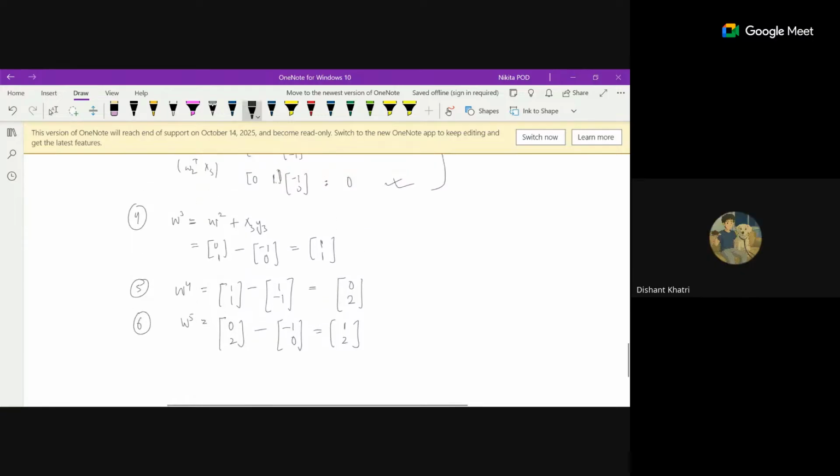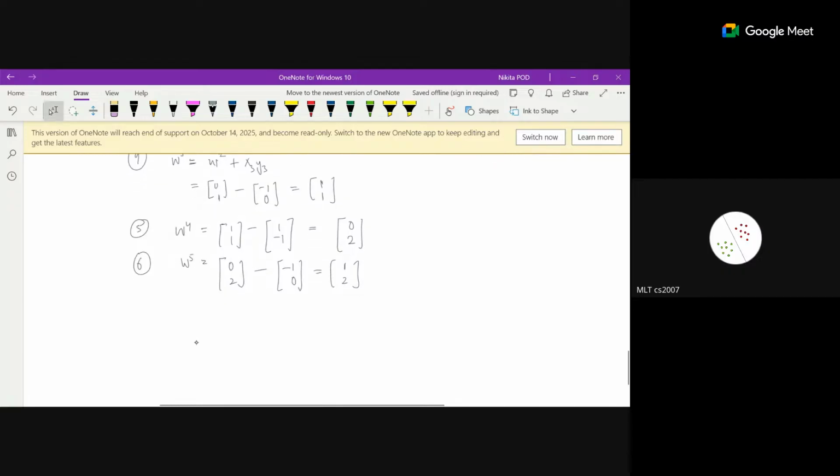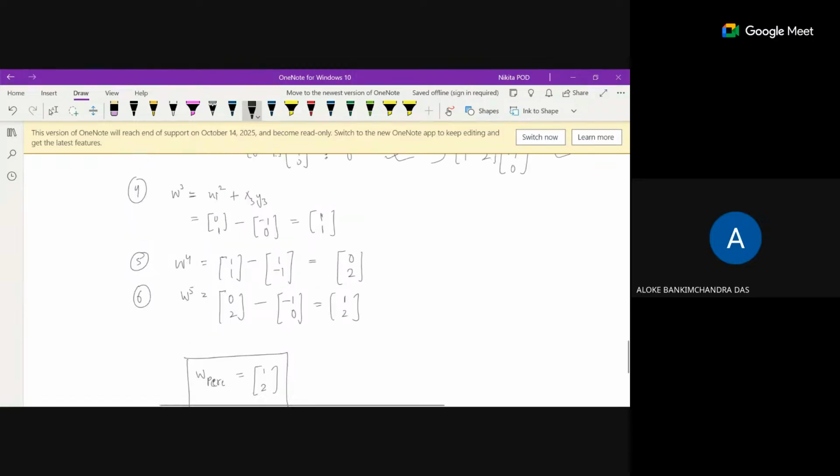Now if I check 1, 2, this is going to be positive. 1 minus 2 is minus 1, so this is also correct. And 1, 2 with minus 1, 0 gives minus 1, which is also correct. So the W perceptron is 1, 1, 2. It is converging after 5 iterations.